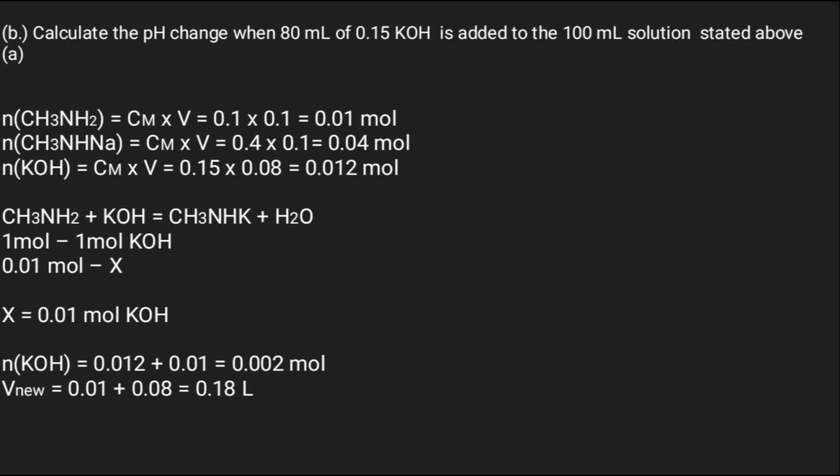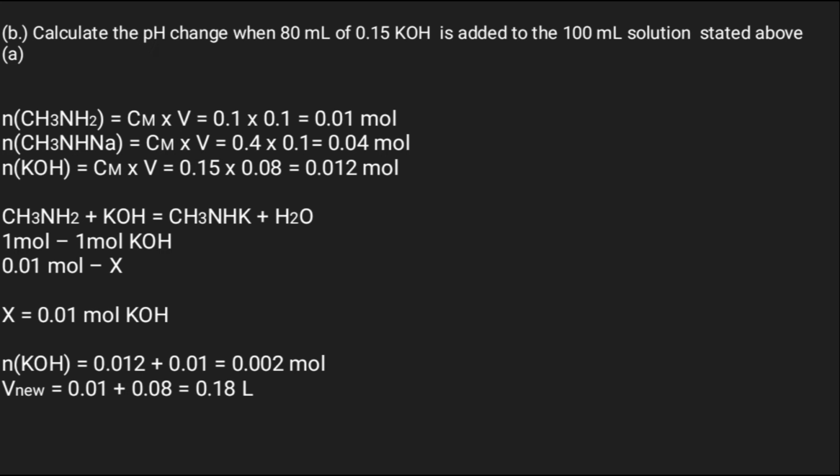And moles of KOH is equal to 0.15 times 0.08, which is equal to 0.012 mole. The balanced equation for this is CH3NH2 plus KOH is equal to CH3NHK plus H2O. 1 mole to 1 mole KOH. 0.01 mole to X, and X is equal to 0.01 mole KOH.